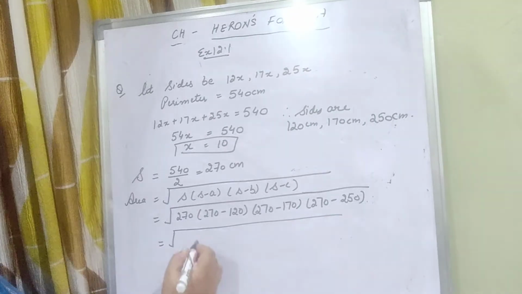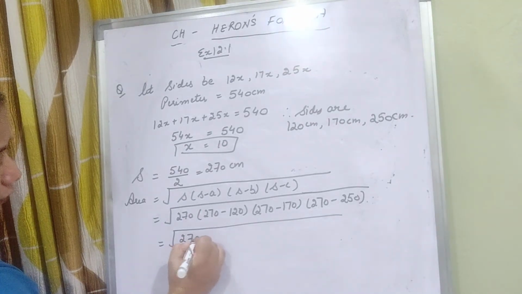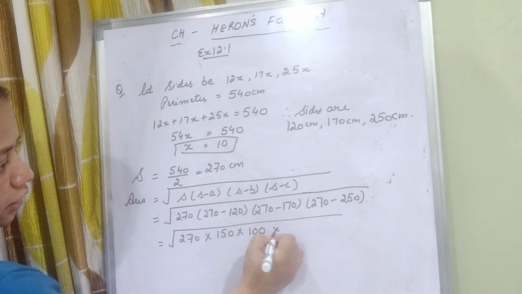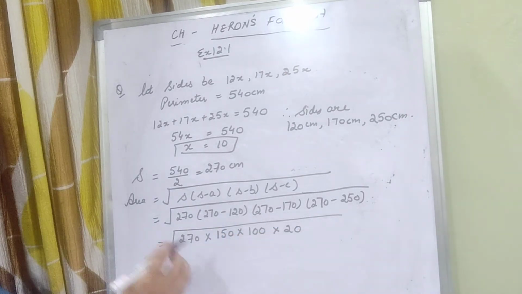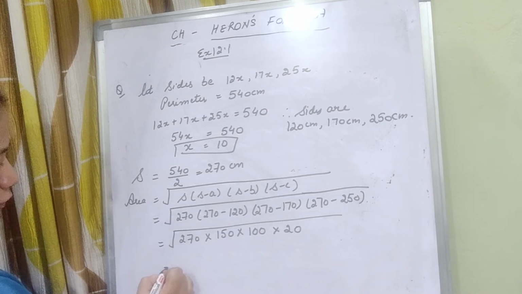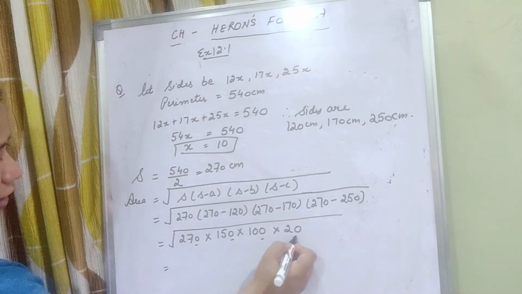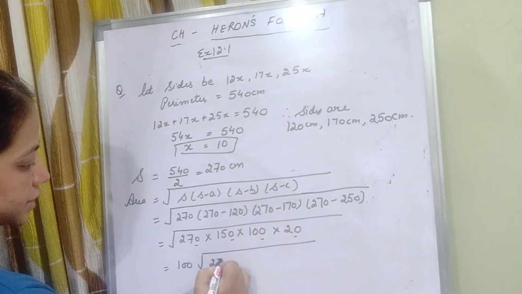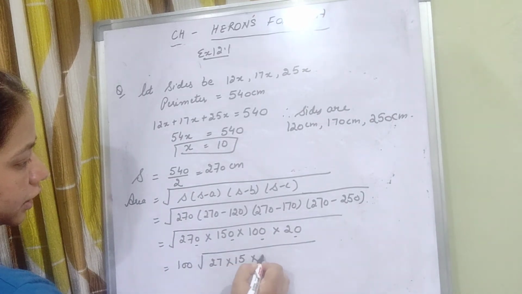So now it is 270 into 150 into 100 into 20. Calculation you can do yourself. Now here first I am taking the factor 10, 10, 10, 10, so 100 will come out. Left with 27, 15, 10 and 2.